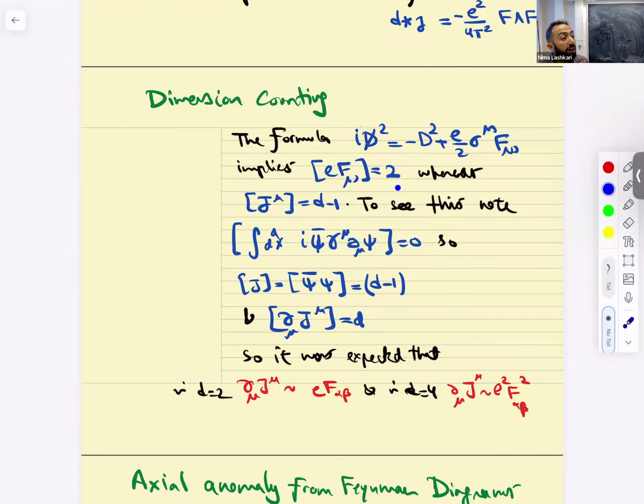So if the object is to be created out of e F mu nu, in D equals 2 it is natural to have eF, in D equals 4, e squared F squared, and in D equals 6, e cubed F cubed.